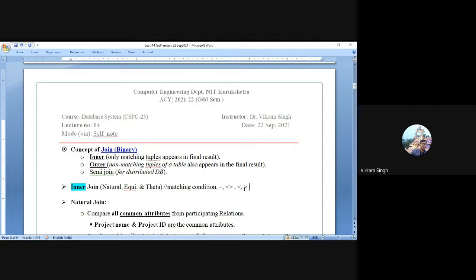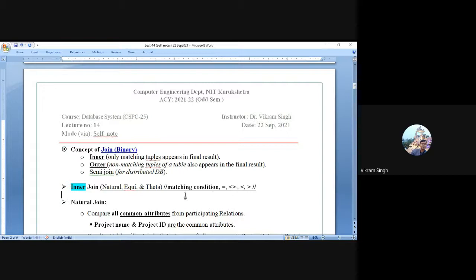So matching condition could be anything, but we are performing some sort of comparison to fetch all the tuples having this sort of relationship. So inner join falls into these conditions where we have these four possibilities: equal to, not equal to, less than, or greater than.